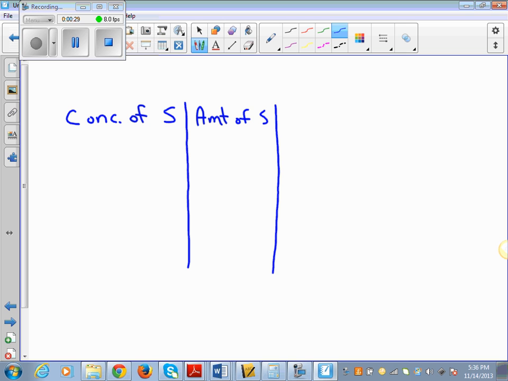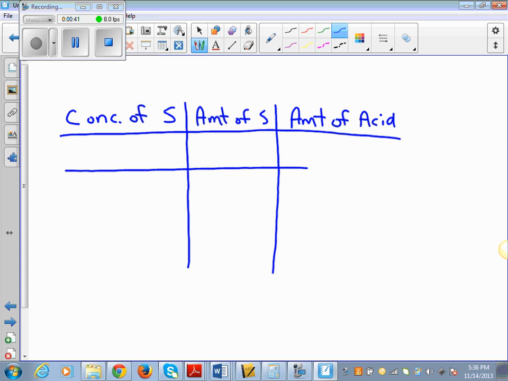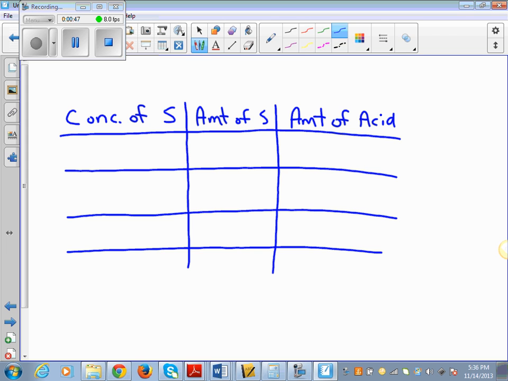And then we have the amount of acid in the third one. So I'm going to fill this in with what is already in there. And 21%.